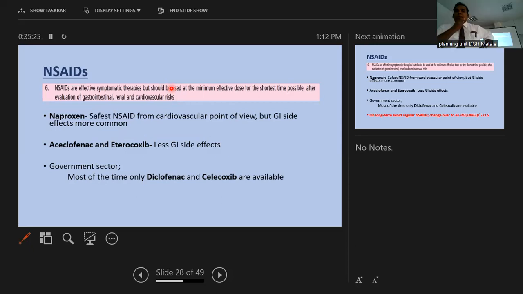Aceclofenac and etoricoxib have fewer GI side effects, but in the government sector, we only have diclofenac and celecoxib. Naproxen is available in a smaller dose, that is 250, not the 500, which is the adult dose.